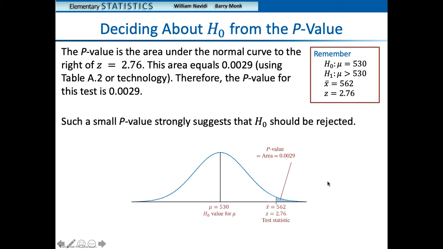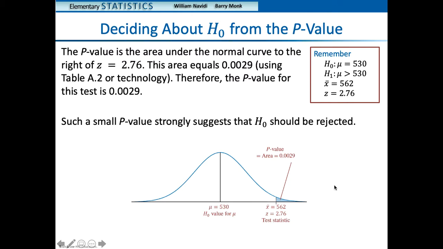That's an extremely small probability, very unlikely. So the more likely scenario is that the population mean is actually bigger than 530, right? Because this area is so small, it suggests that the null hypothesis should be rejected.